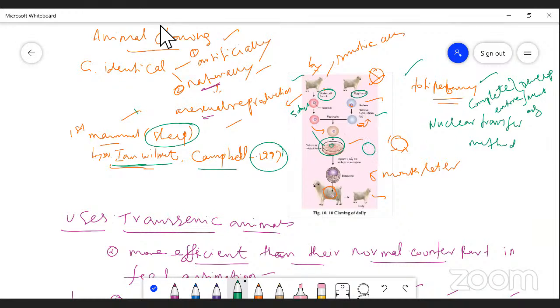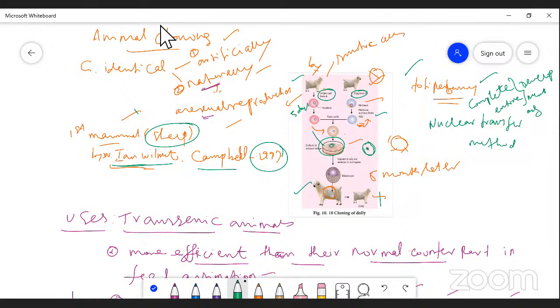The central nucleus is present. The nucleus is surrounded by what? The outer membrane of what? Somatic cells are covered around the nucleus, enveloping the nucleus. Then the fused cells are implanted into the surrogate mother, another sheep. After implantation, 5 months later, Dolly was born.